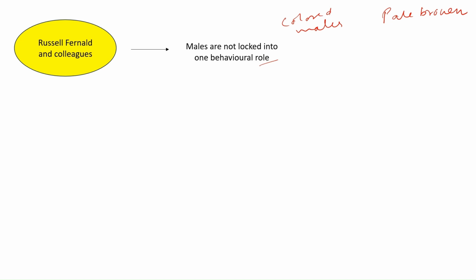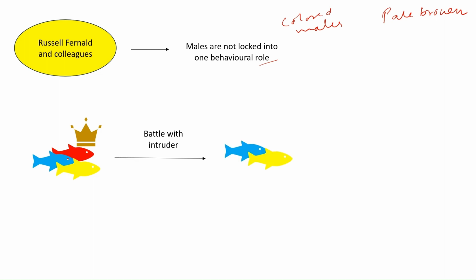What he studied and found is, suppose among these colored males, one is the king or the owner of this territory. Now, whenever there is a fight with an intruder, meaning a pale brown fish, whenever it comes and attacks this colored group, and in this fighting, suppose the owner is expelled from the territory, what will happen?